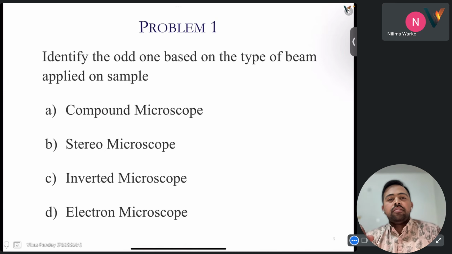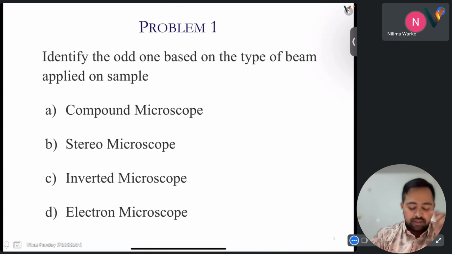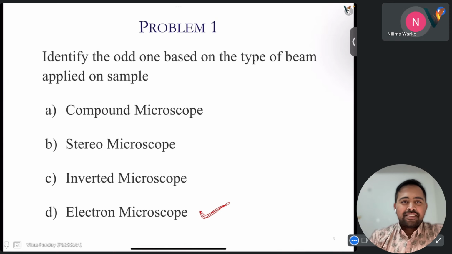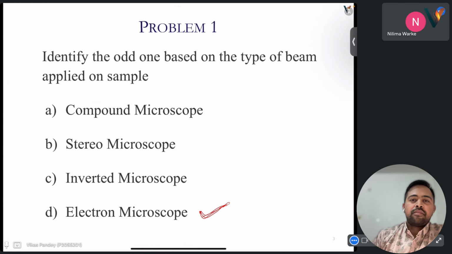Any answers? Electron microscope, D. And why is it so? Because compound, stereo, and inverted microscopes we have learned about, but electron microscope I haven't come across.